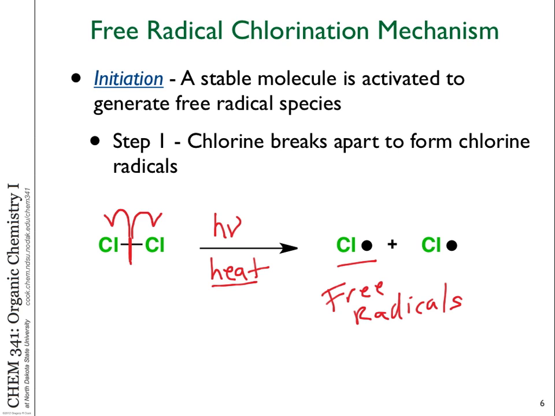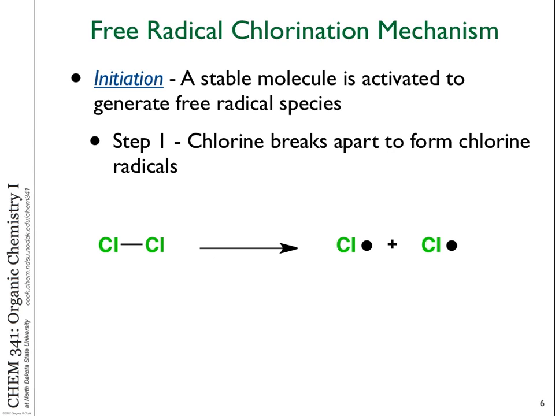Theoretically, if you only added 1 photon of light and broke 1 chlorine molecule, the reaction then to do chlorination of an alkane would occur over and over and over again forever until the reagents were used up. Theoretically. In practice, we see that the reaction doesn't keep proceeding on its own completely. And I'll explain why in a second. So that's the initiation step.